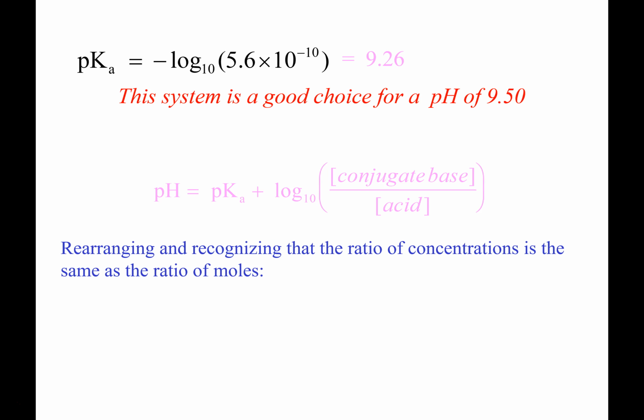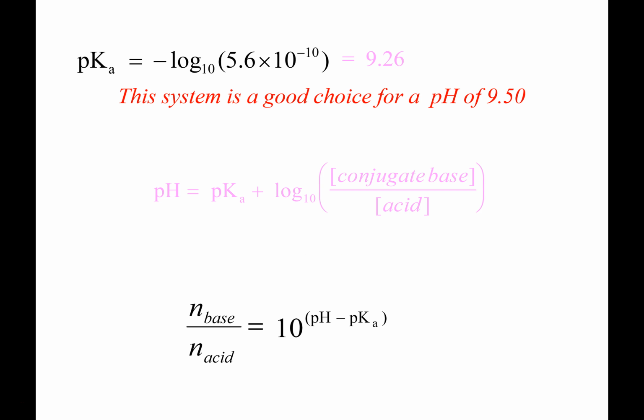All right, so there's our Henderson-Hasselbalch equation. Remember that an alternate form is this, where instead of the molar concentration, we could go with moles, so N of base and N of acid.